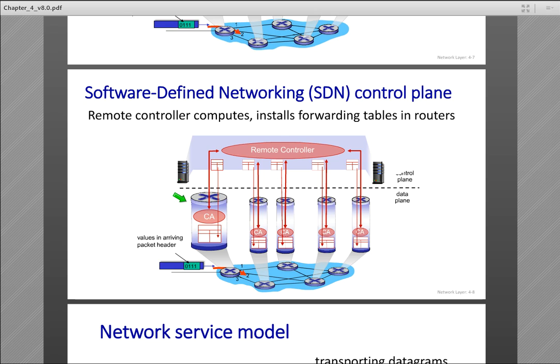Their control plane will be shifted into some servers. And those servers think about the paths, and then their result will be returned to our routers. And our routers just consume the results.